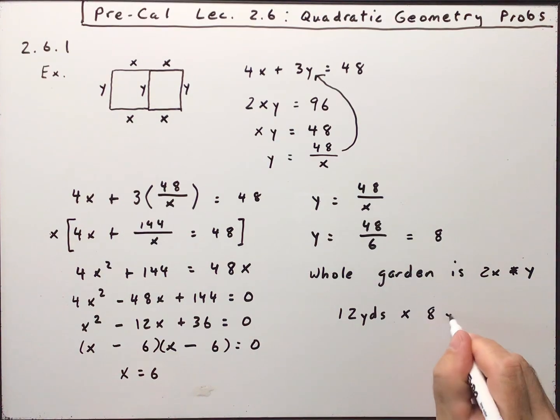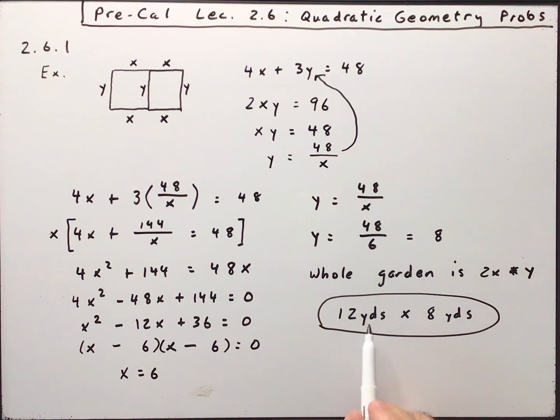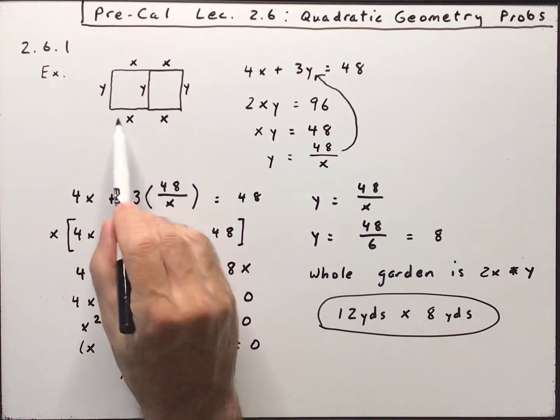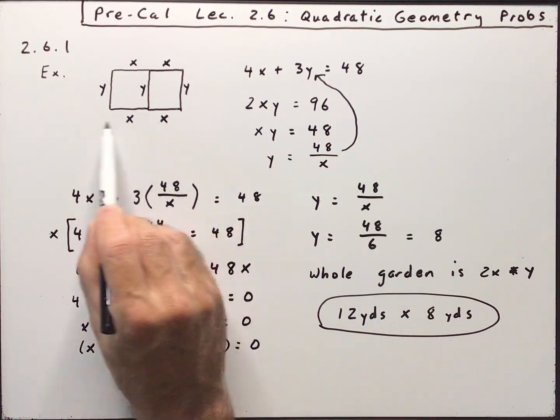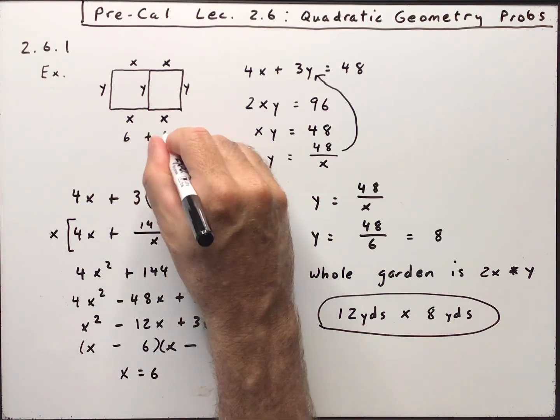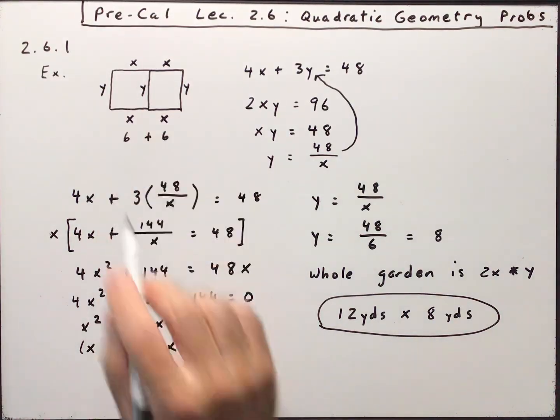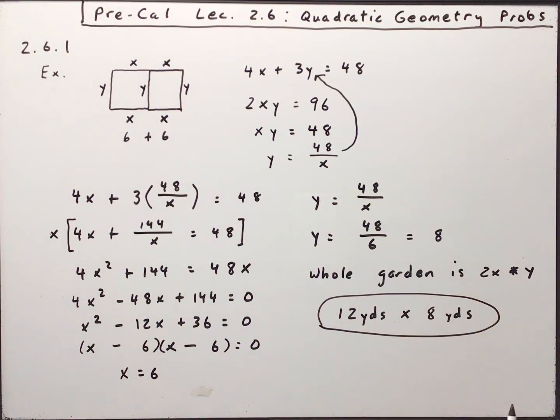So 8 yards. The reason it is 12 yards is because it's two values of x in width, all right? So 6 plus 6 gives us 12. And then just one value of y there, just one y height, which is 8. All right, pretty cool.